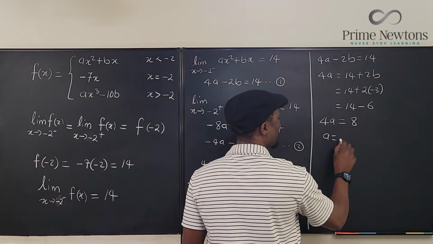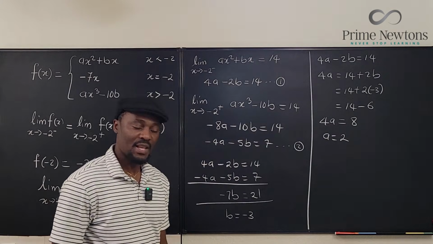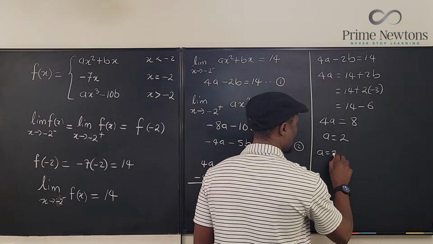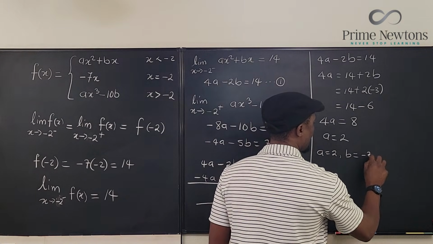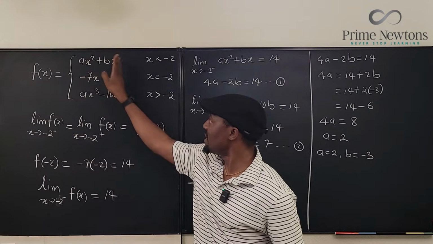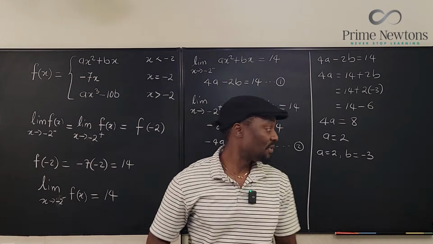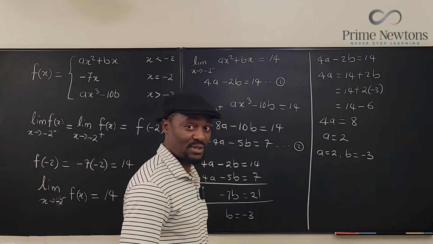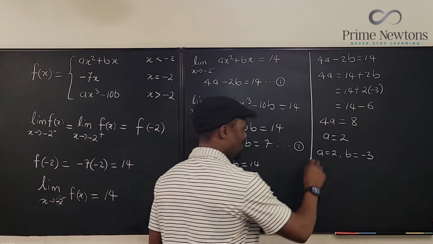That means a equals 2. So a equals 2 and b equals -3. If we go back and plug in these numbers here, you notice that this function is actually continuous at -2. Let's box this.